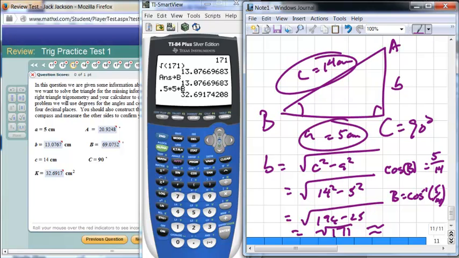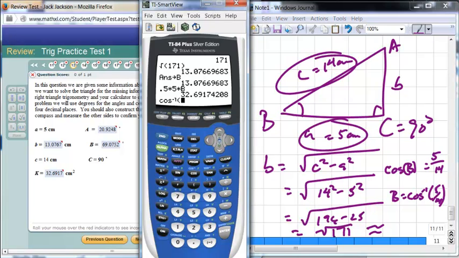And I am in degree mode, so this will come out in degrees. Inverse cosine 5 over 14. So 69.0751 or 0.0752, and then just do 90 degrees minus that previous answer, and that gives us the other angle right there. Next question.